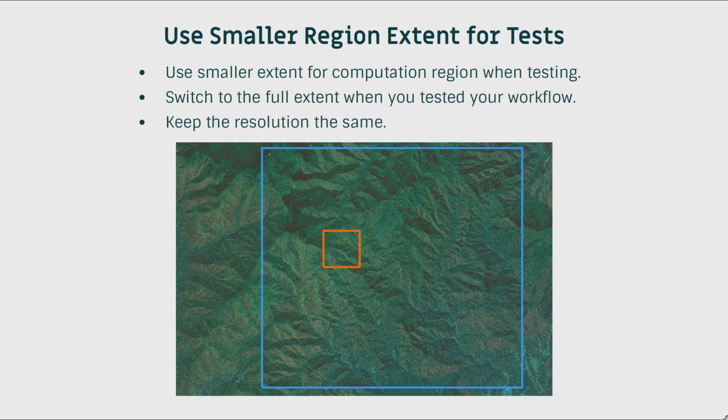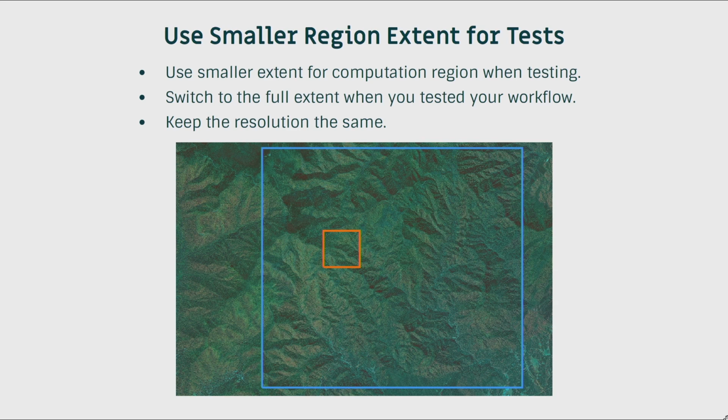Another tip, use a smaller region extent for tests. In GRASS GIS, we have this concept of computational region, which clearly specifies what is the extent and resolution of the raster calculation which you will do. And what you can do really easily is that you construct your workflow with a smaller region, a smaller extent, the same resolution as your final resolution will be, but the extent will be smaller.